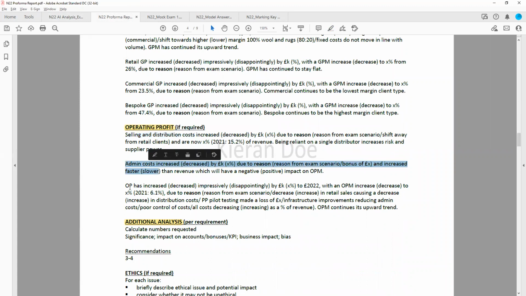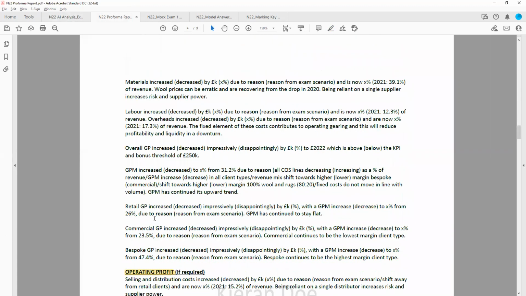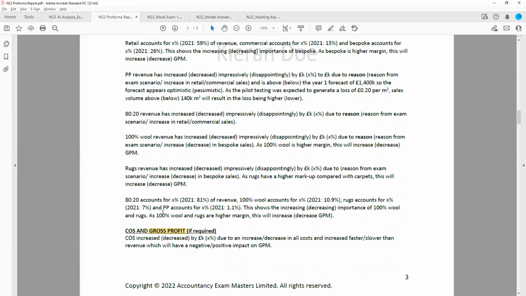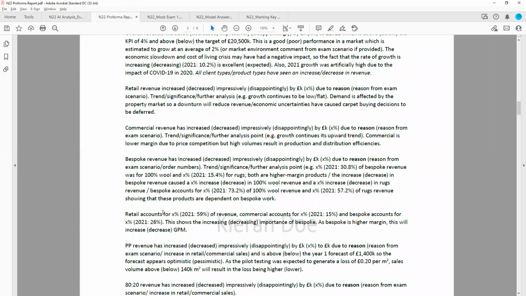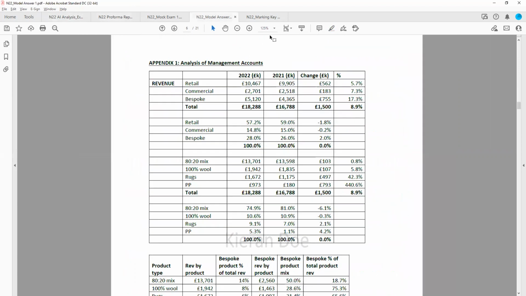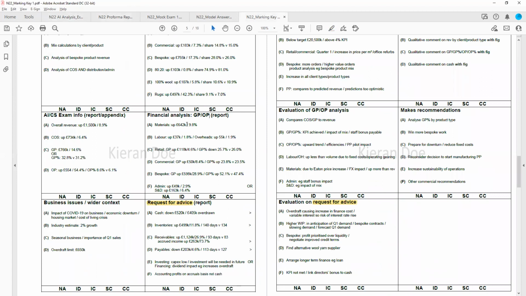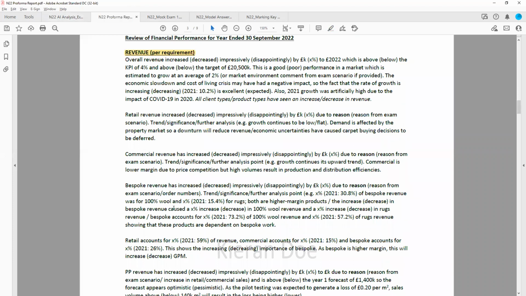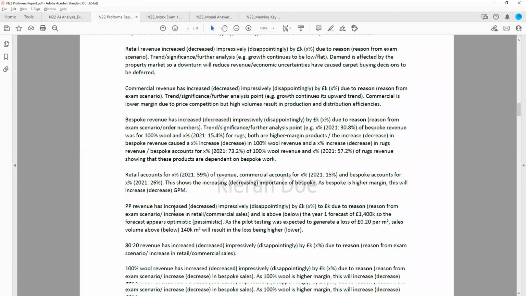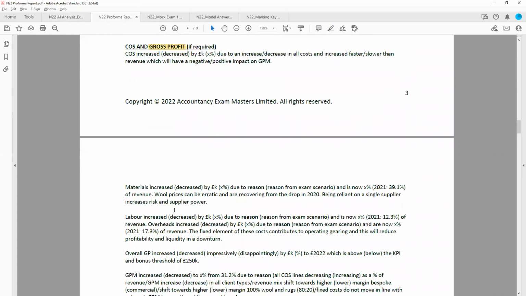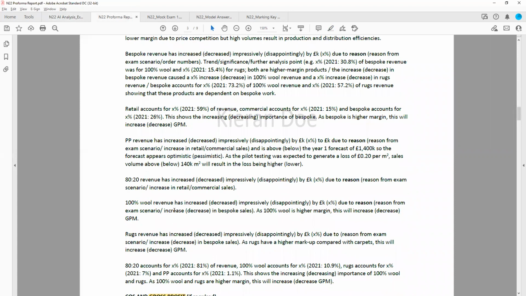So therefore, it's unlikely to have a box all by itself, and therefore it makes sense that it's put in with gross profit. So therefore, we know we're really looking for a maximum of 5 points for gross profit and operating profit. So we definitely don't want to include all of these points because, as I said, that's too much. That's definitely going to be overkill there.